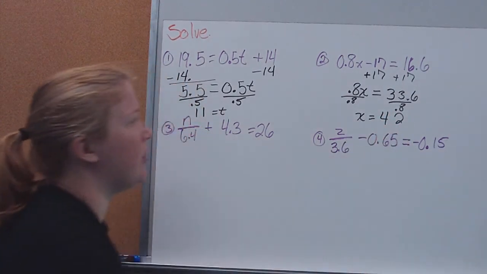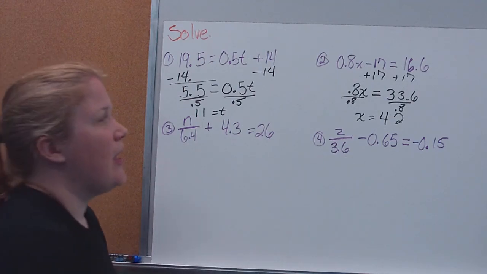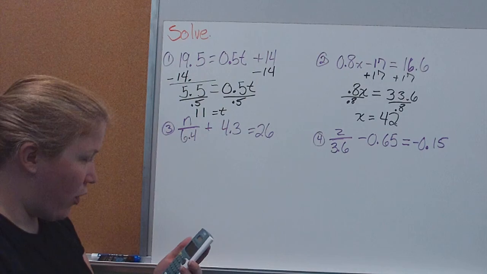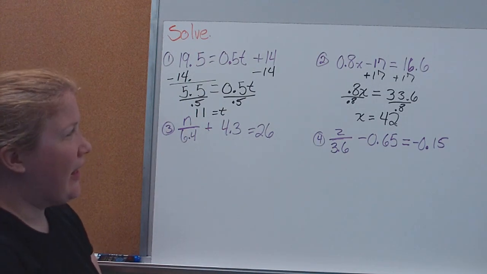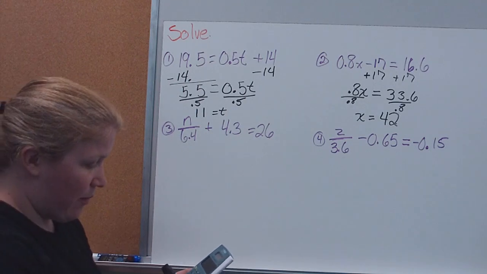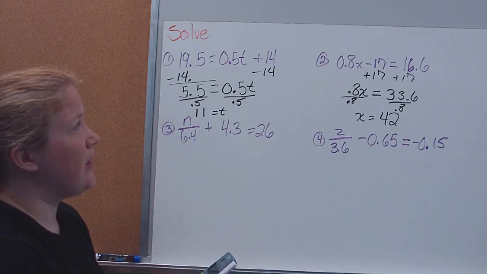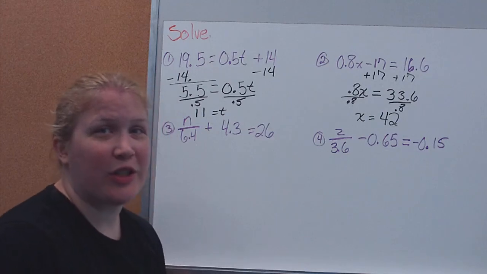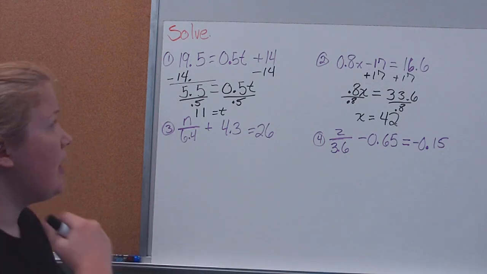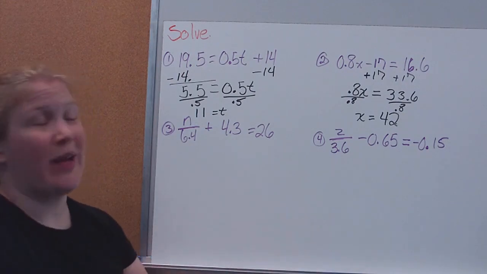I hit a decimal in an incorrect place somewhere. And this is why we check. I checked it and I had a decimal in the wrong place somewhere in my calculation. So let's try it with 42. 42 times 0.8 minus 17 gives me 16.6. Now it checks out. This is the importance of going back and checking our work. I can know if I'm right or wrong. I knew my answer was wrong.